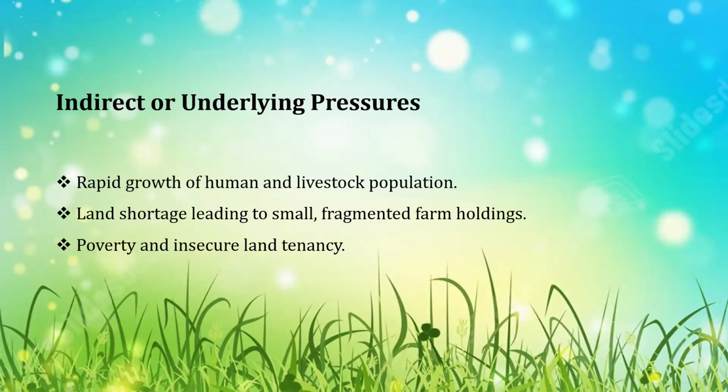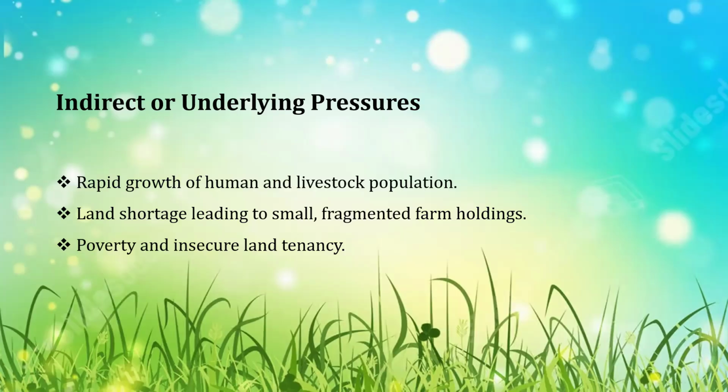And farmers with very small plots may feel they cannot afford to leave land fallow or implement long-term soil conservation techniques, as they need to maximize immediate yield to survive. The encroachment: what is encroachment? Because existing farms are too small to support a family, people may clear nearby forests to expand their acreage.